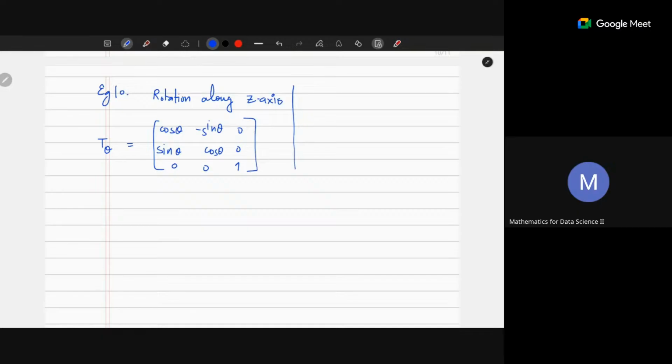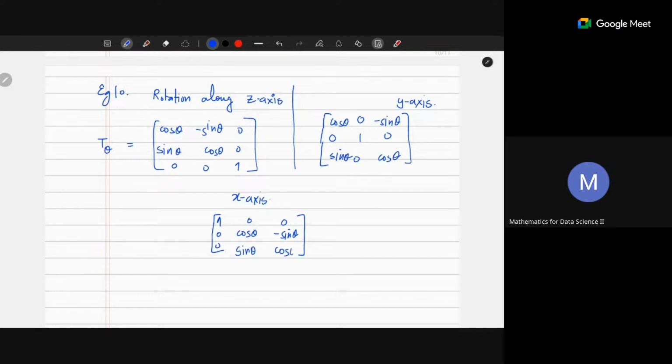If you have rotation along the y-axis, you place 1 in the second column and second row, and the rest will be your rotation matrix. And similarly for rotation along the x-axis, the formula is this. So these are all orthogonal transformations, and their corresponding matrices are orthogonal matrices. All right.